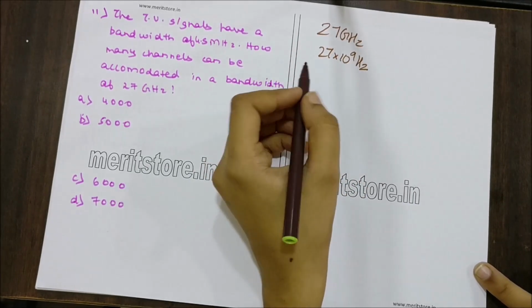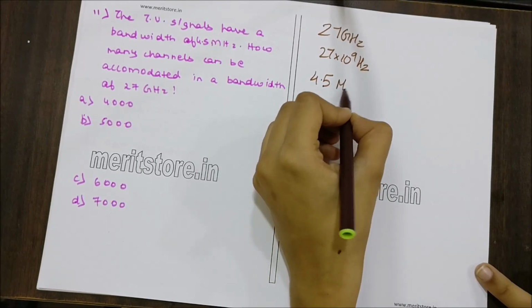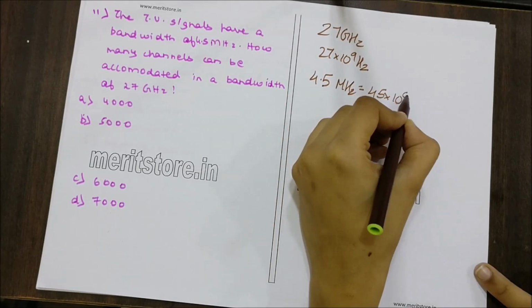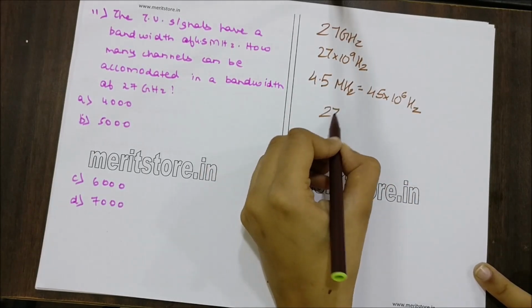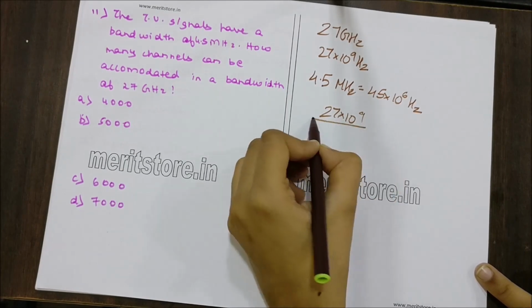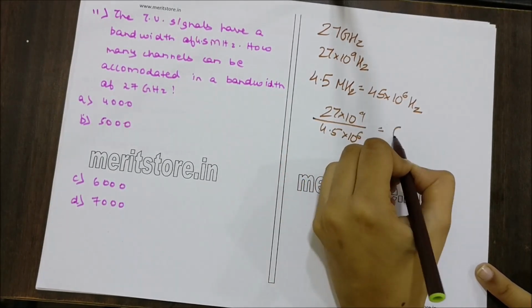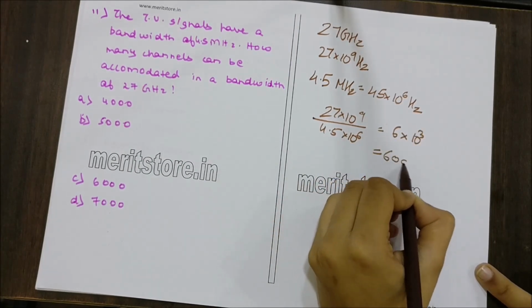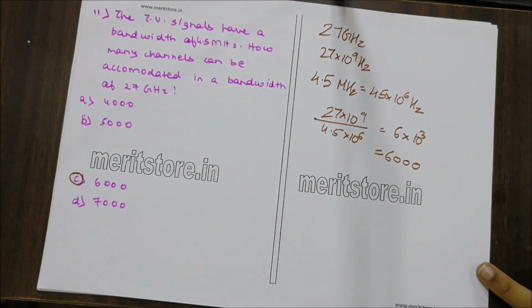The bandwidth of the signals is 4.5 megahertz, which is 4.5 into 10 raised to 6 hertz. Therefore, the number of channels will be 27 into 10 raised to 9 upon 4.5 into 10 raised to 6. This comes down to 6 into 10 raised to 3. That is 6000. 6000 is option C. Option C is the correct answer.